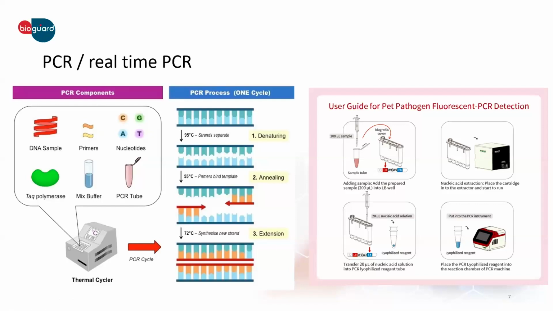In addition to rapid tests, PCR or real-time PCR are also widely applied for diagnosis of infectious disease in the clinic. With PCR, you usually need to send the sample to the reference lab, and the reference lab will run the PCR and then provide the testing result to the clinic.